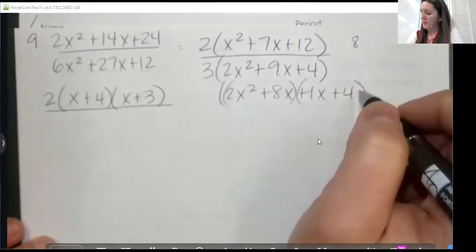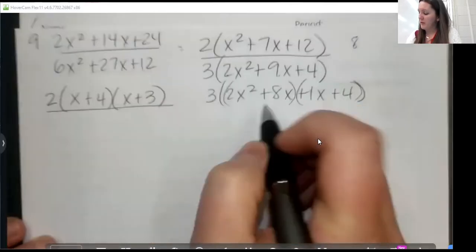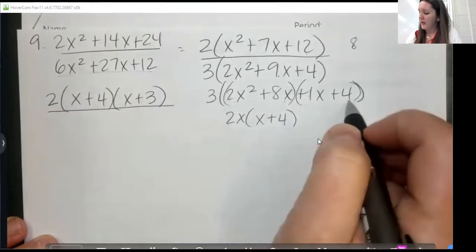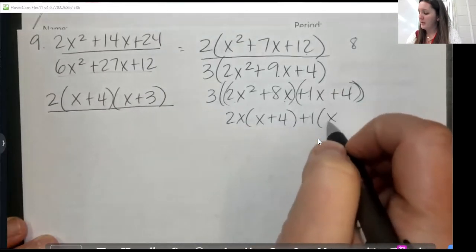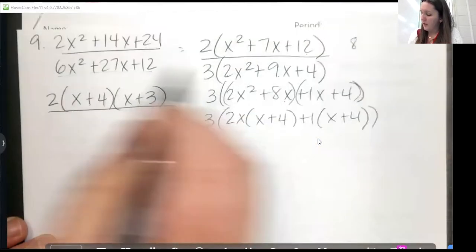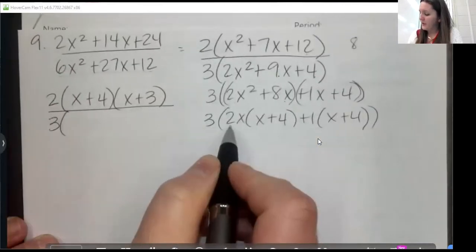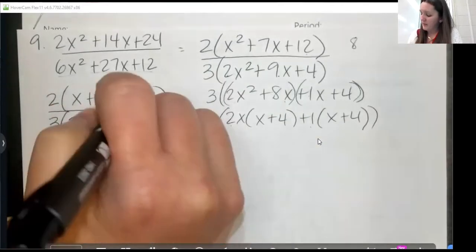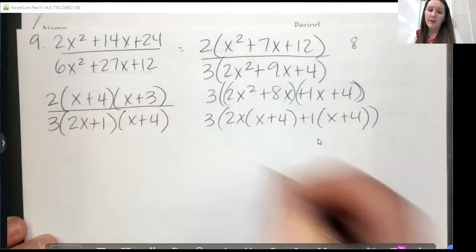Group my first 2, group my last 2. Don't forget that 3 is still there. I can pull out a 2x here, so I have an x plus 4. I can't pull anything out here, so I pull out a 1, and it's an x plus 4. That 3 is still there. So I have in the denominator 2x plus 1 and x plus 4. Right now I can cancel.